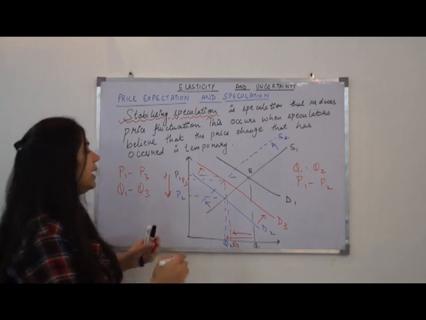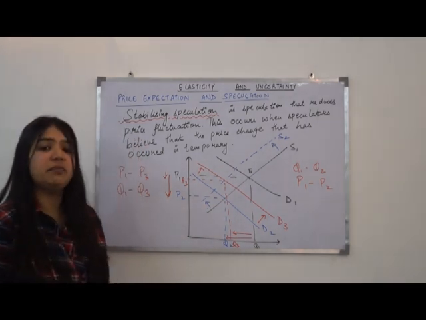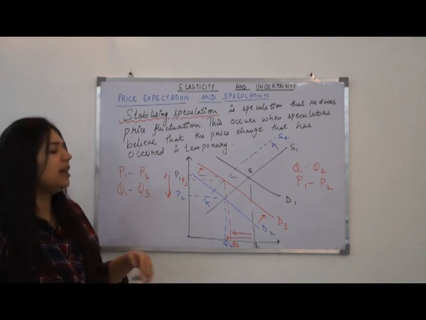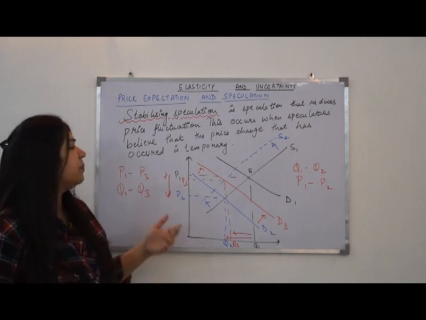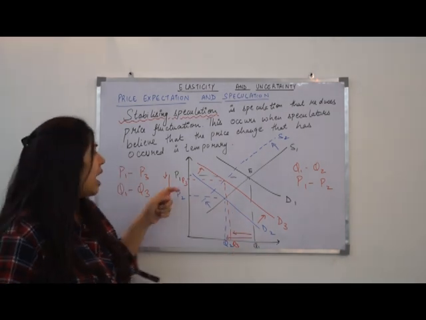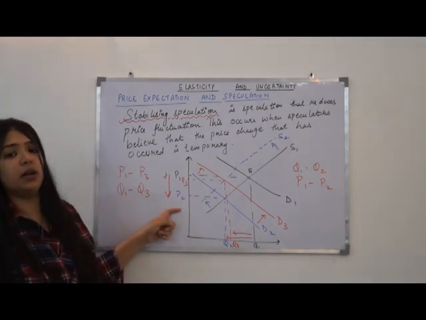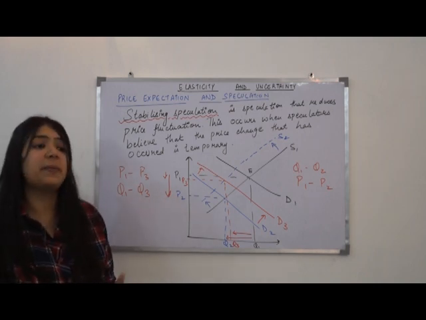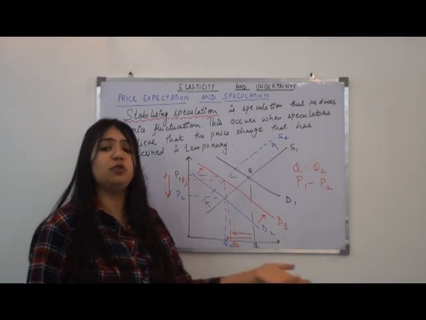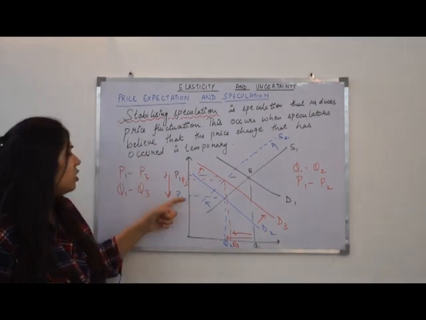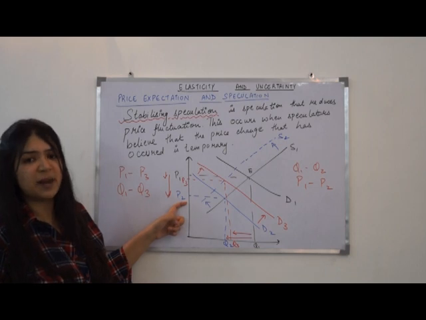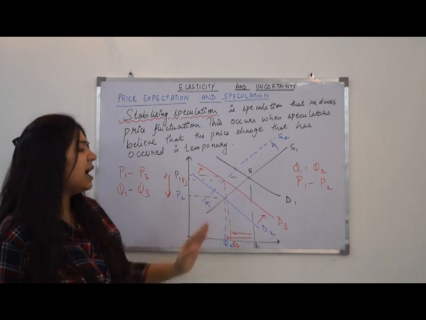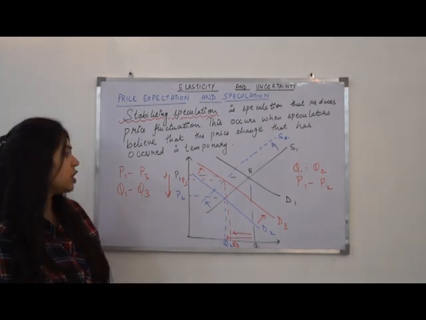All the decisions that have been made are not because of the current price fall, but because the expected price in the future is higher than the price that has fallen. So we are making all our decisions on the basis of the expected future price movement, and not because the price has fallen in the present. That is why we are having all the shifts in the curves and no movement along the curves.